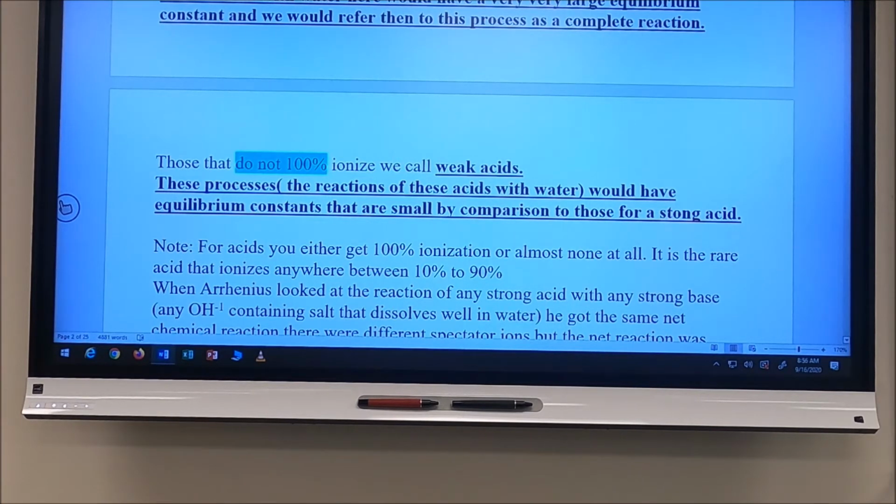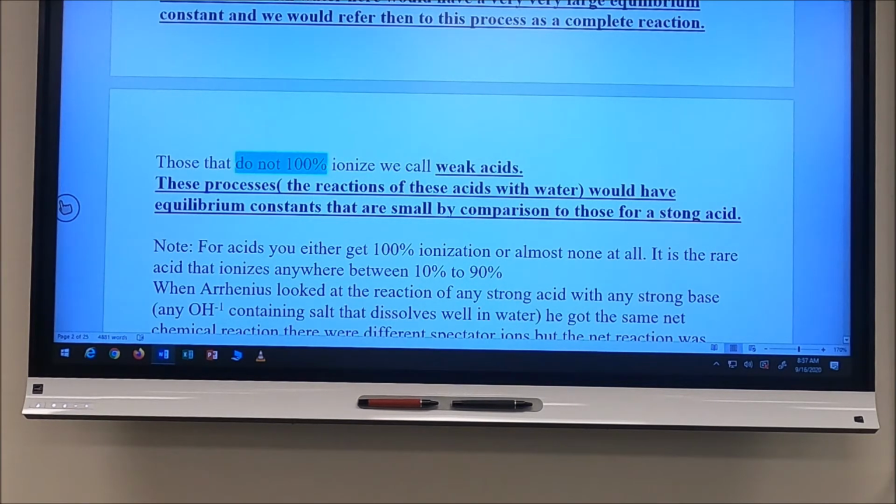Okay? So these acids, when they react with water, give us an equilibrium such that we have a measurable equilibrium constant, and we have measurable amounts of the intact acid, the hydronium ion, and the conjugate base ion in solution.